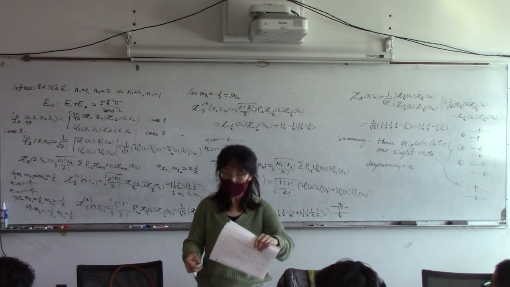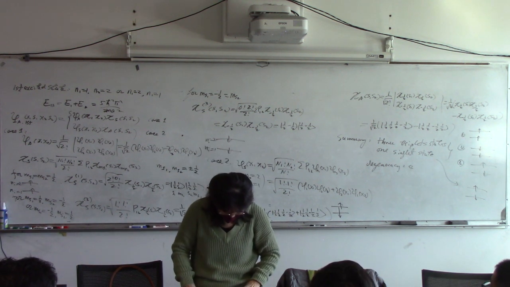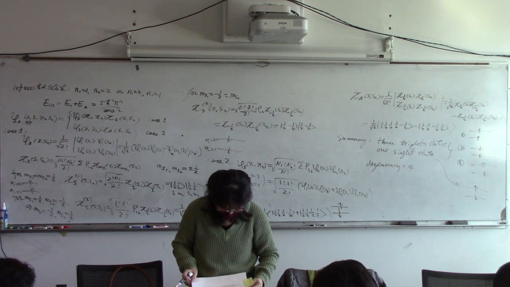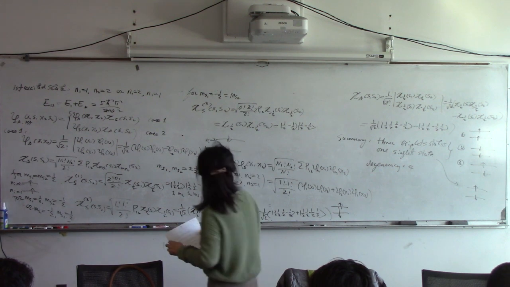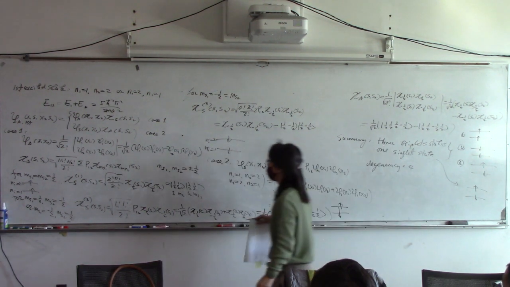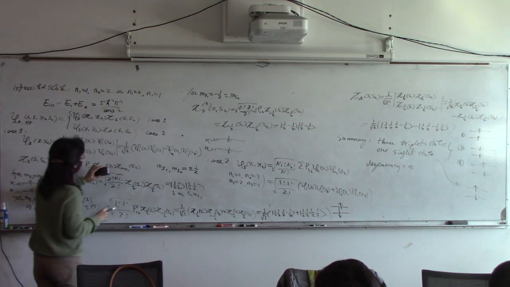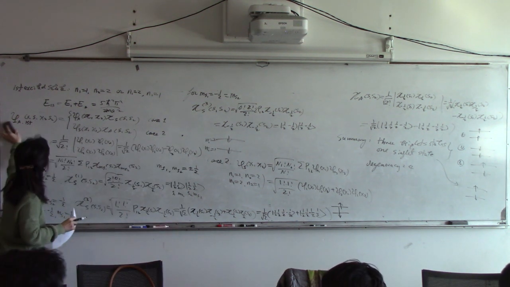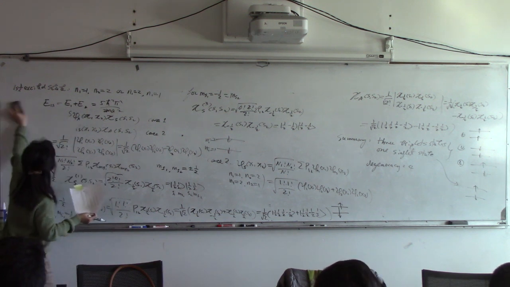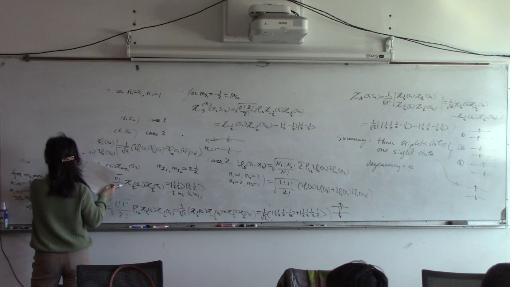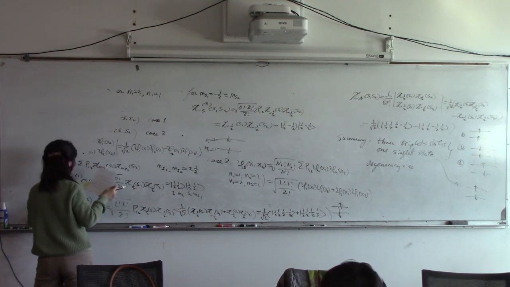Okay, so I want to go to the next one, the second method to deal with this case, and you will learn it. Fortunately we have 2 spin states and 2 particles, so we can use this as a Slater determinant. But if not satisfied, we apply the general one.